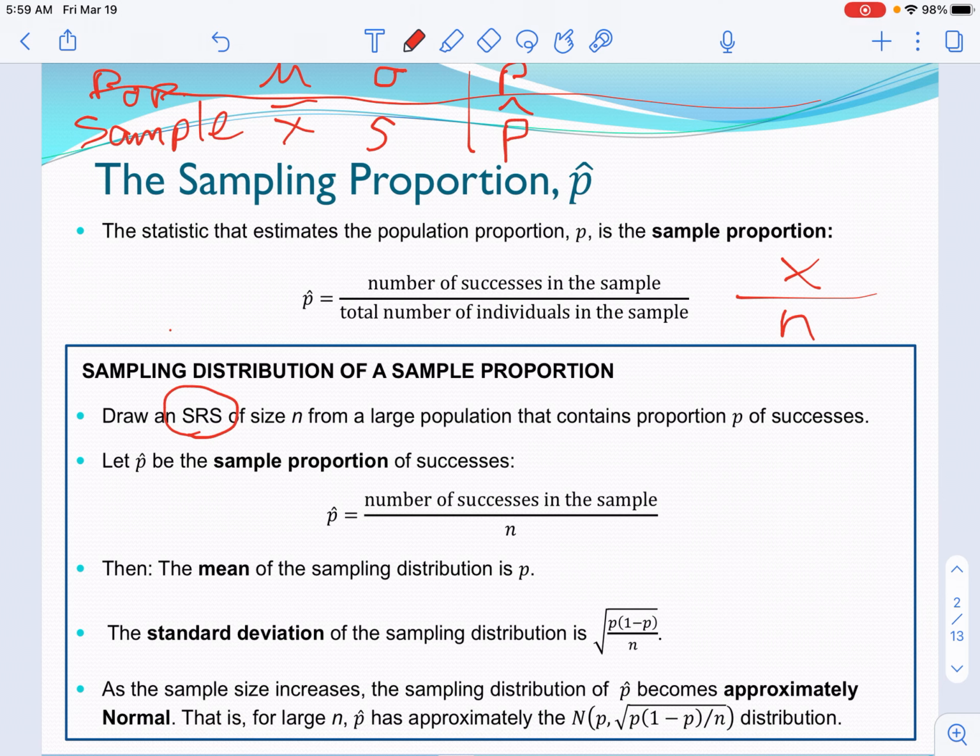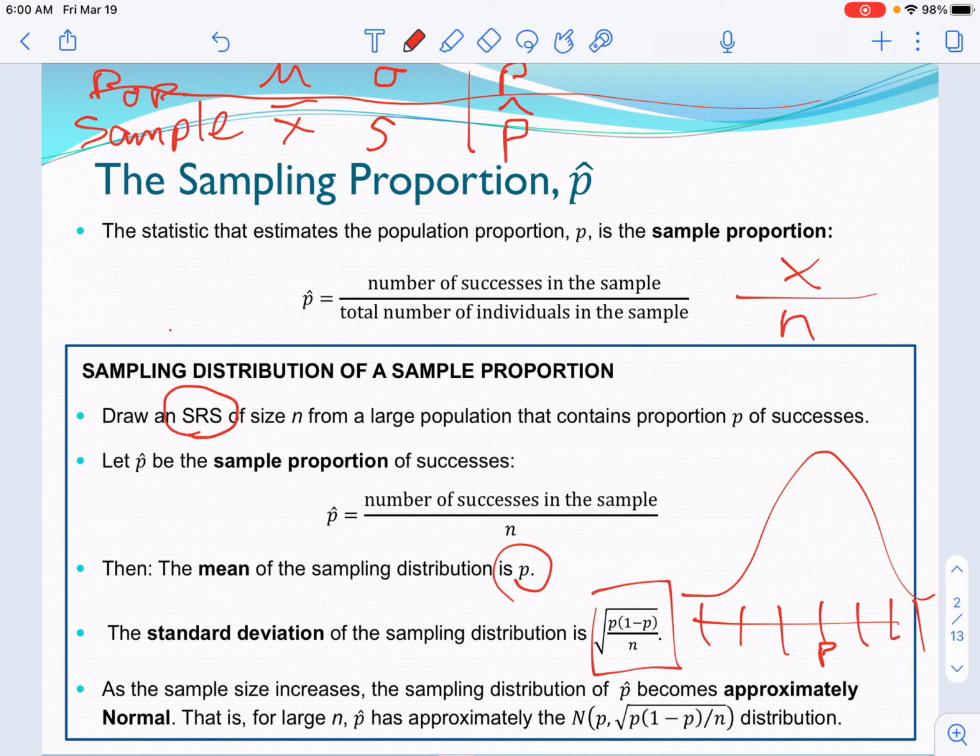We know that the mean of all of those p hats will become the population proportion p, and that is going at the center of this normally distributed set of sample data. The standard deviation step size is found using this equation right here. Square root of p times its complement divided by n.